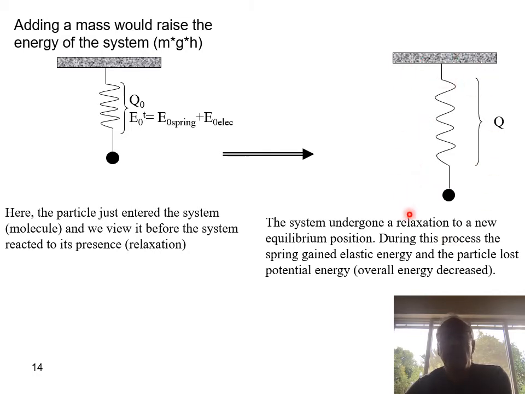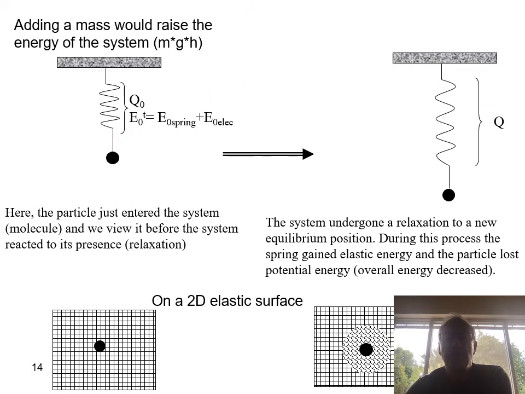So this is really, if you like, we follow the states of ground state, excited state, and excited state after relaxation. And this is for a 1D spring. And we've already considered the 2D spring, if you remember the guy on the trampoline. And I bring it here again, simply so you'll see that on 2D it looks as if the particle has dug itself a hole.